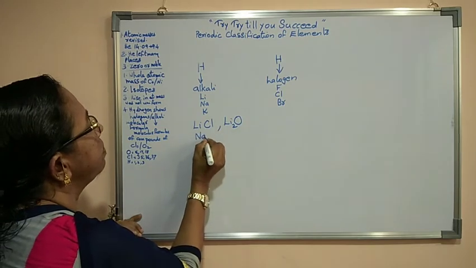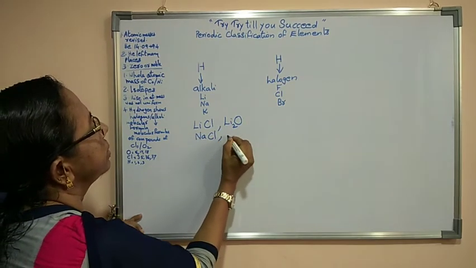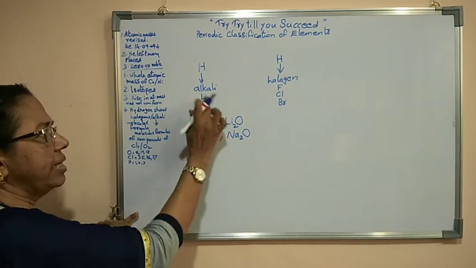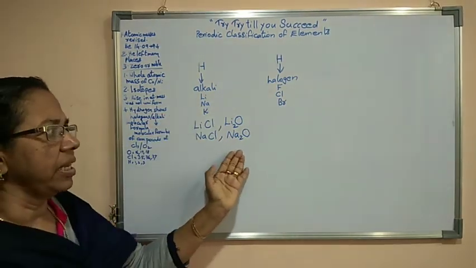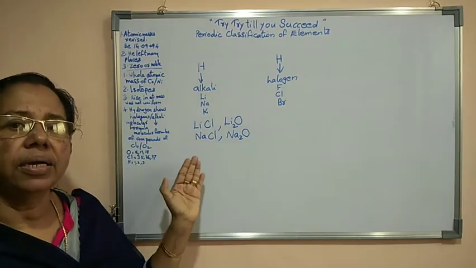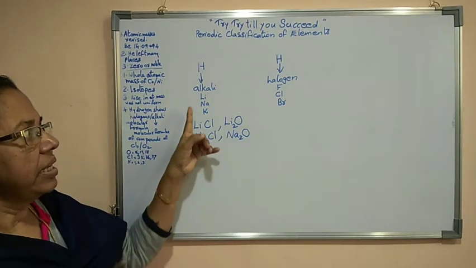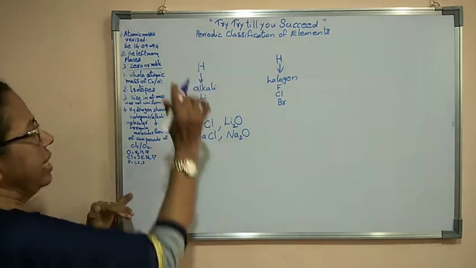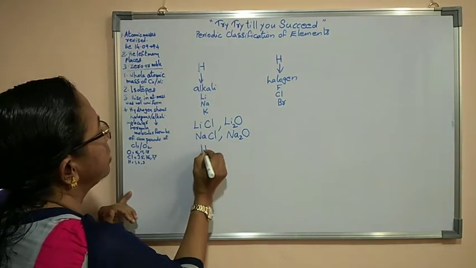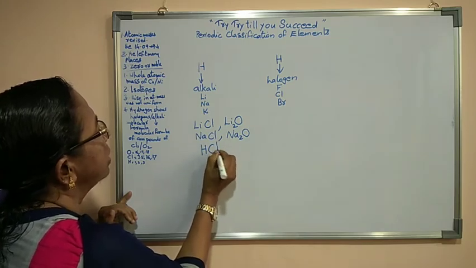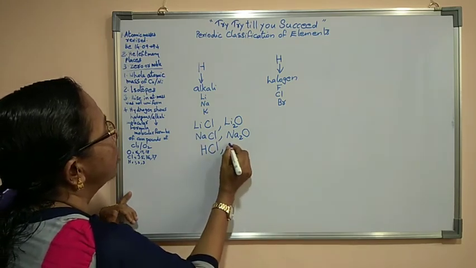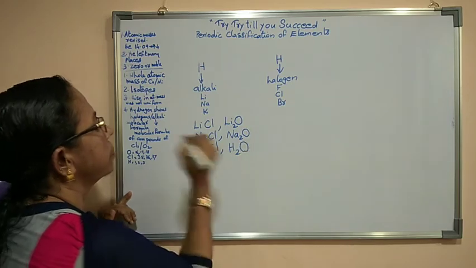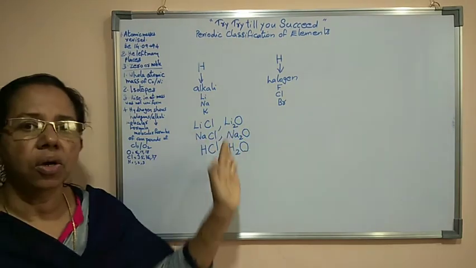Similarly, sodium chloride and sodium oxide. In the same way, all other alkali metals have the same property of forming compounds with oxygen as well as chlorine. Similarly, hydrogen also reacts with halogens as well as oxygen to form its compounds.